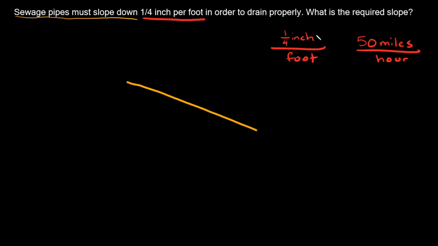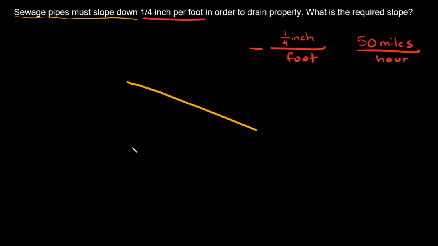One other thing about this rate is that it would be a negative rate, because your pipe right here is sloping downward. If this pipe was sloping upward, then your rate would be positive, but since it's sloping down, it's negative.